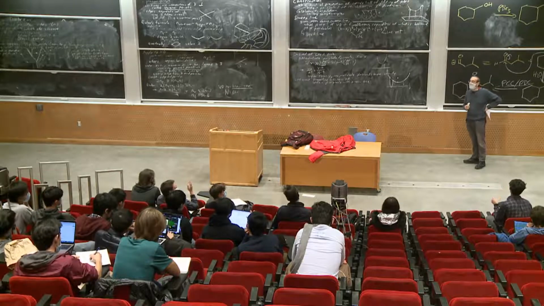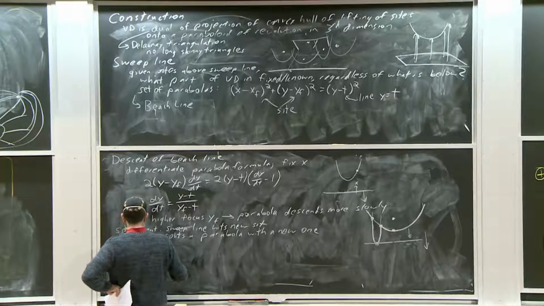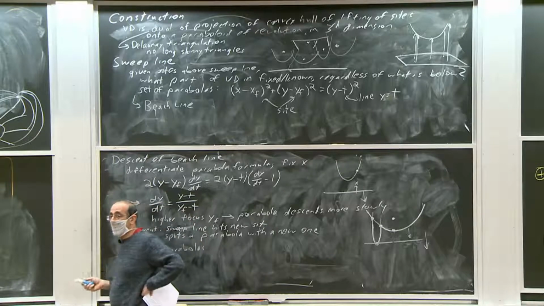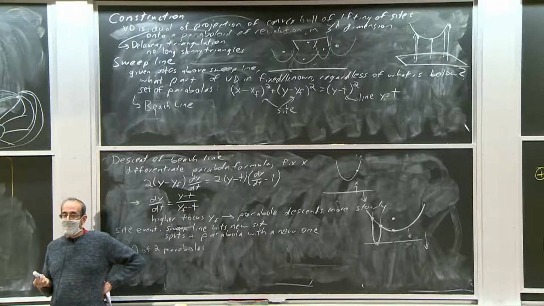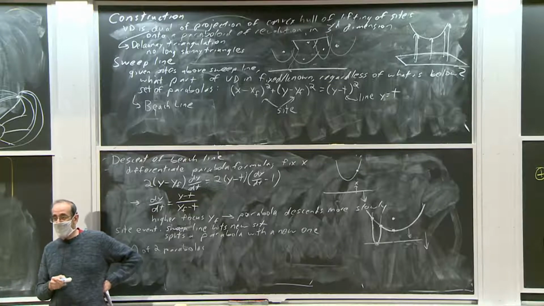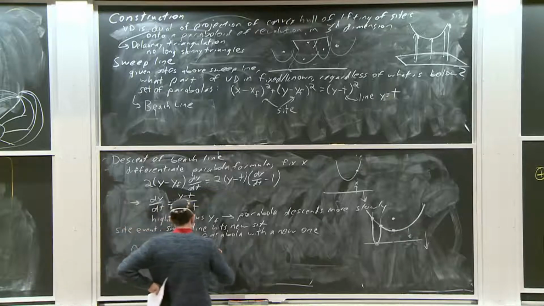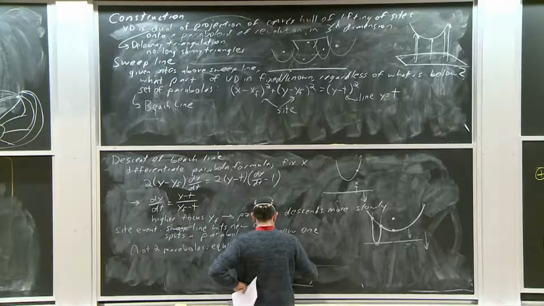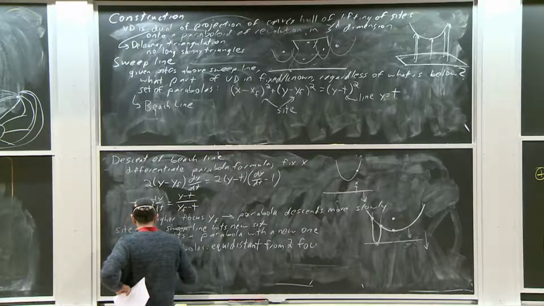They're on the perpendicular bisector, right? Well, the points on a parabola are equidistant from the line and a focus. So if you're equidistant from this line and this focus, and you're also equidistant from the same line and a different focus, it means you're equidistant from the two foci. In other words, you're on the perpendicular bisector.